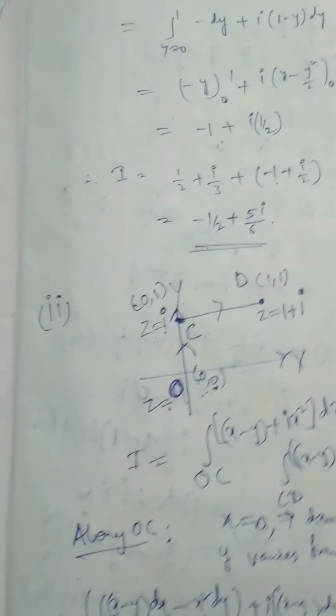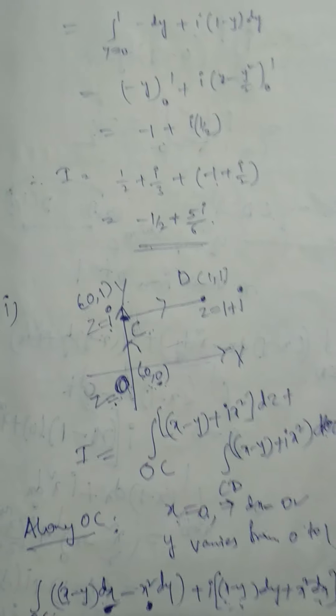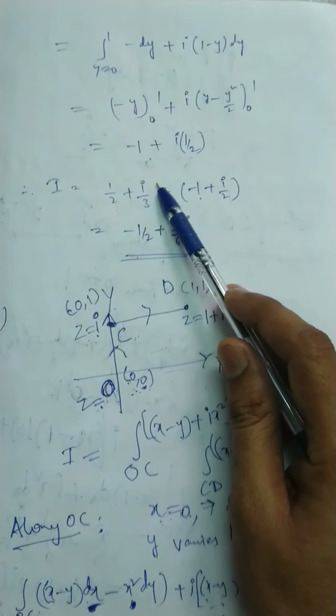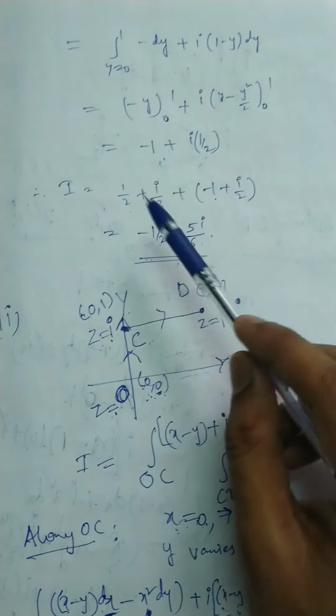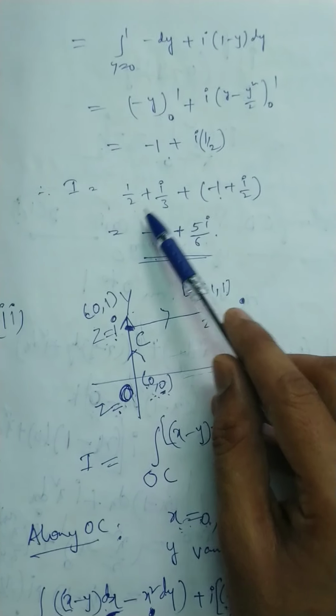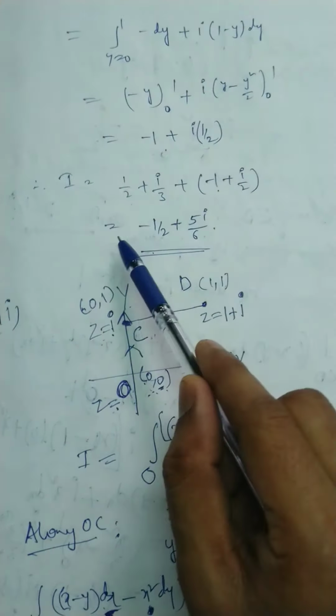So simplifying this integral, we will see that the value comes out to be minus 1 plus i by 2. So adding the first integral and second integral gives the integral value of the given problem when it is traced along the path from the real axis to 1 and vertically from 1 to a line parallel to the imaginary axis.